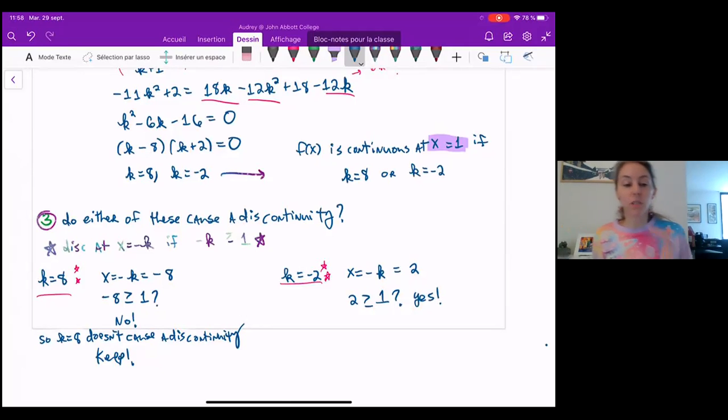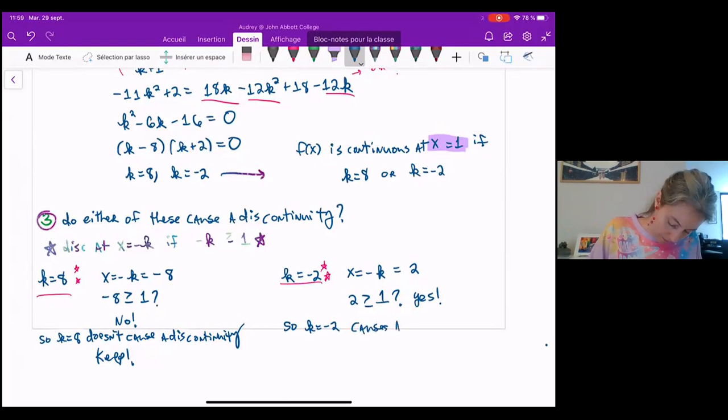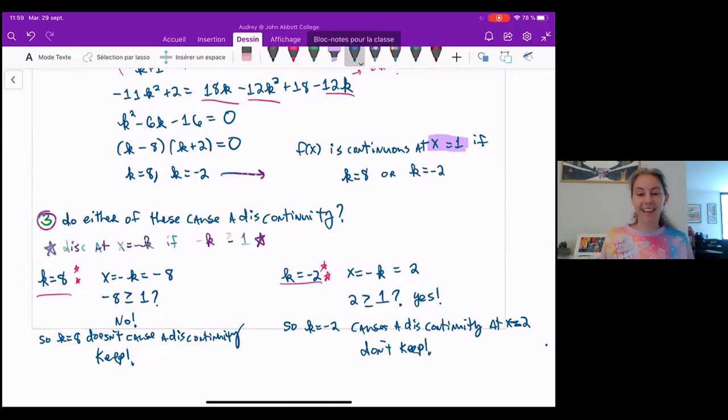So k equals negative 2 causes a discontinuity at x equals 2. So we don't keep it. So the only thing we had to check is negative k greater than or equal to 1. In the case of k equals negative 2, the answer was yes. We don't keep it. In the case of k equals 8, the answer was no, so we keep it.